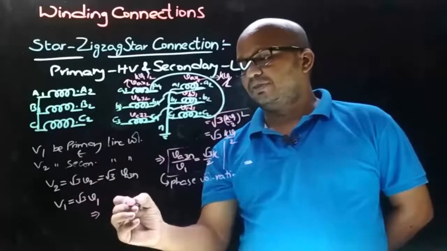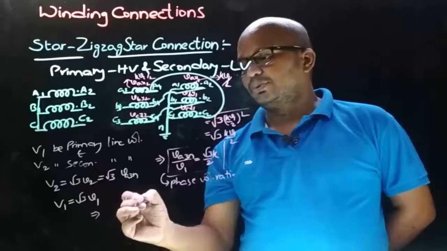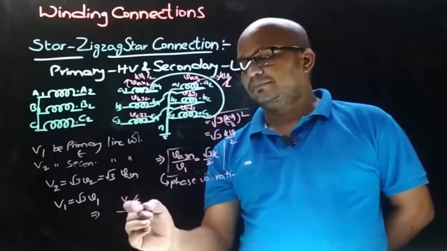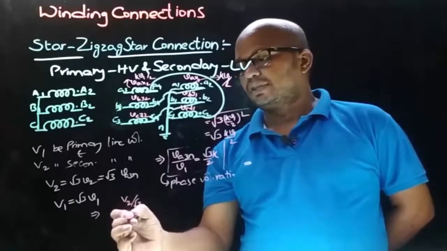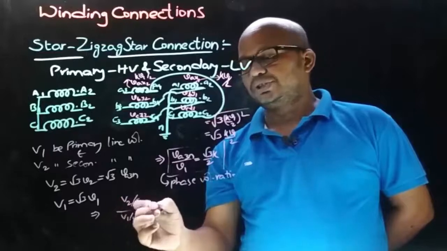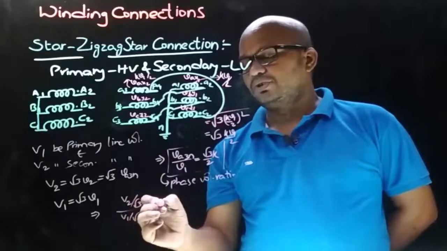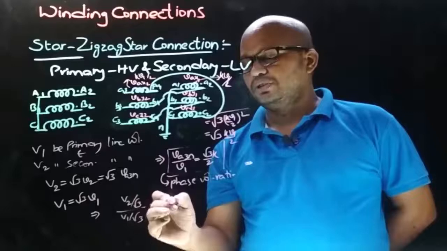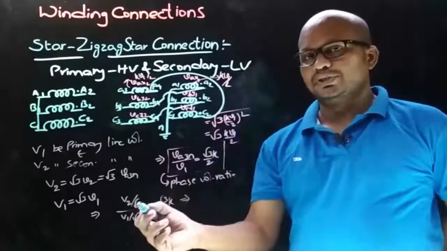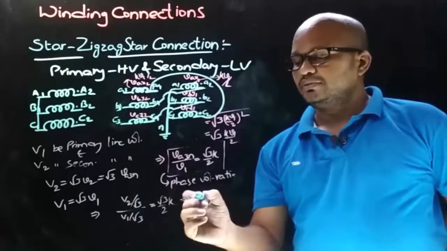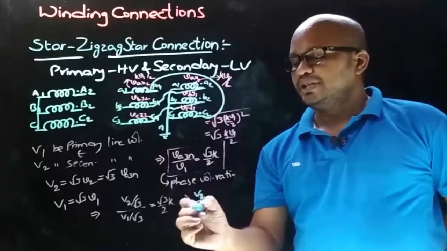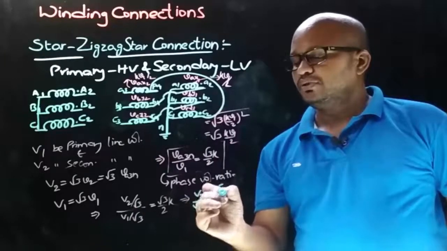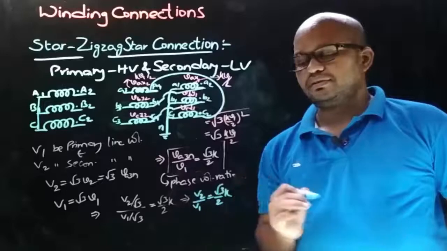Implies capital V2 by root 3 by capital V1 by root 3, which is equal to root 3 by 2 into K. Here 1 by root 3 and 1 by root 3 gets cancelled, which implies capital V2 by capital V1 is equal to root 3 by 2 into K.